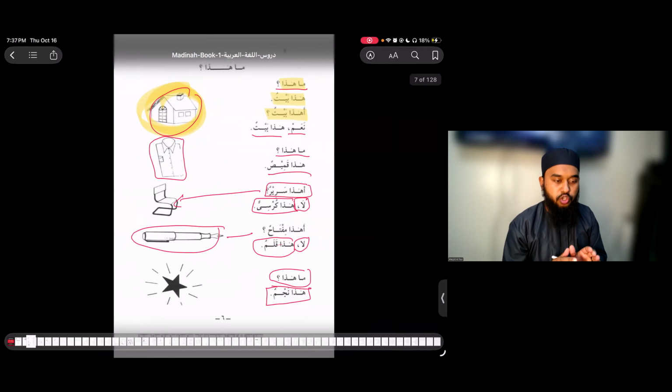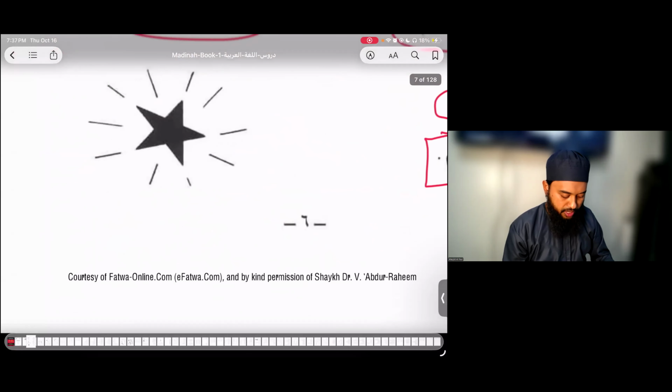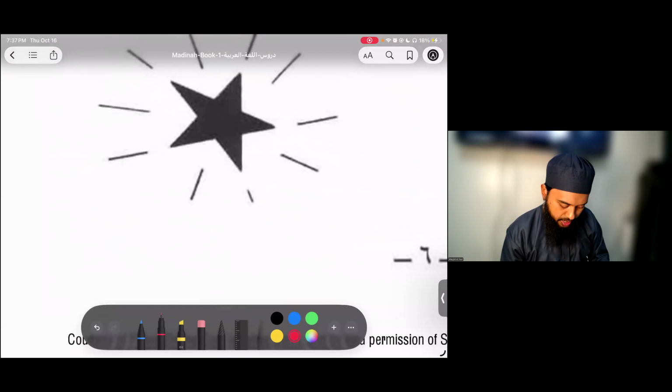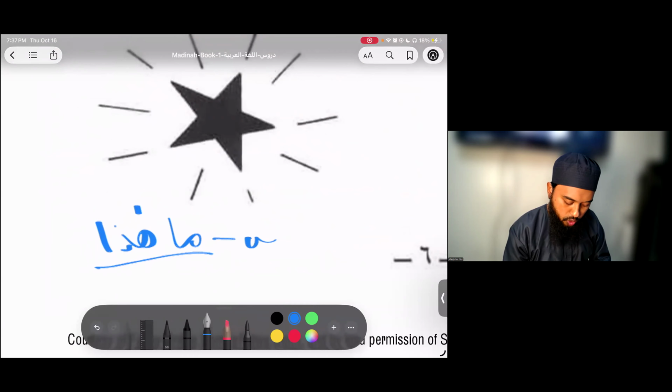In this page, all they're teaching you is how to ask questions with hada. First and foremost, the first way to ask questions with hada is by adding a ma before it. Ma hada. That's the first way. It translates as, what is this? Correct?